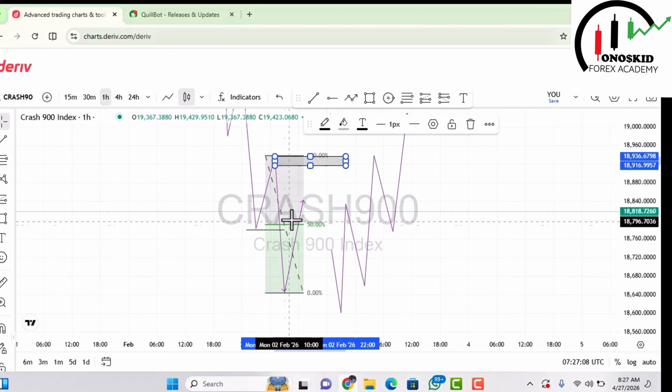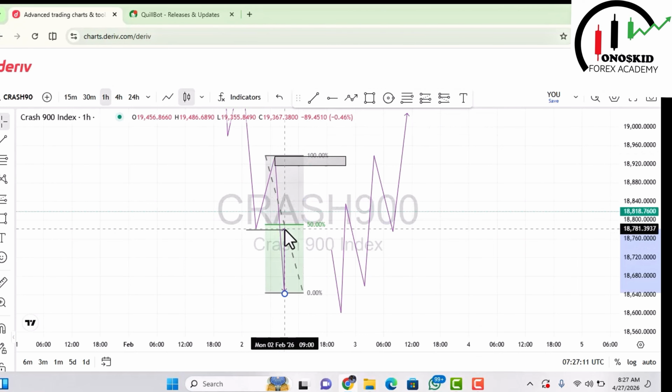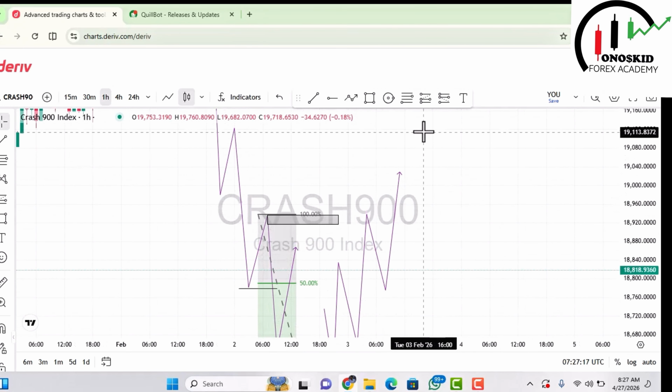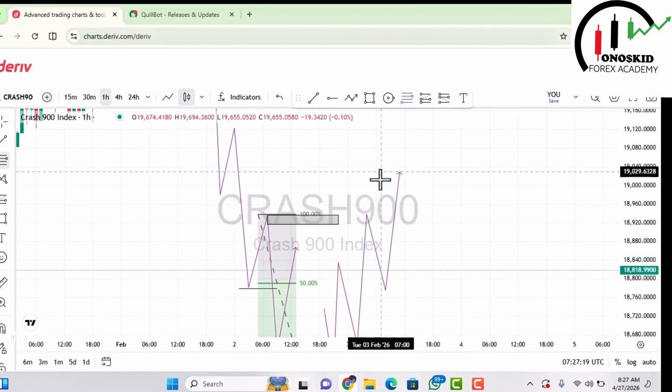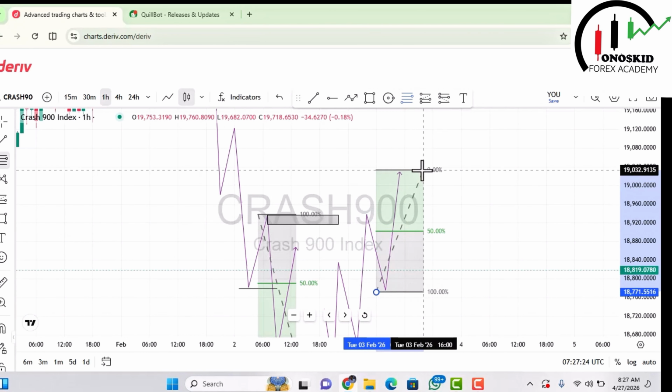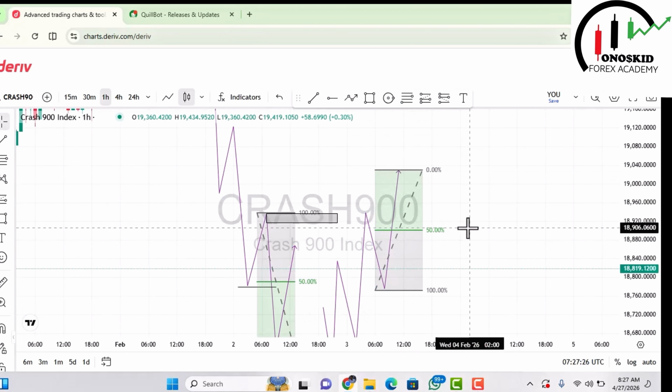So if you see a supply candle below this 50%, you are not interested in it until price is above the 50%. Now, similarly, if you are looking out for a buy opportunity, you also need to use your Fibonacci retracement to draw it out and then identify the 50% level, which is this.